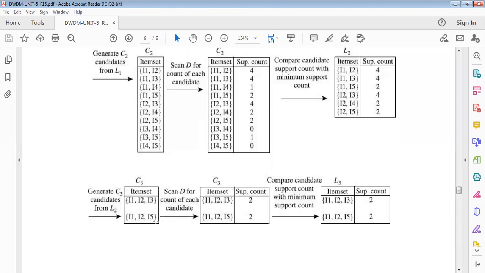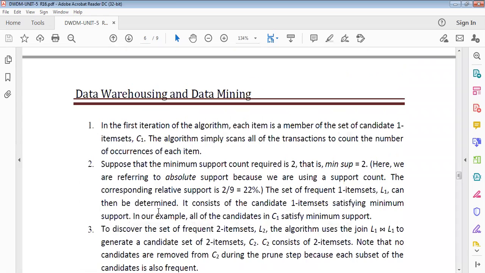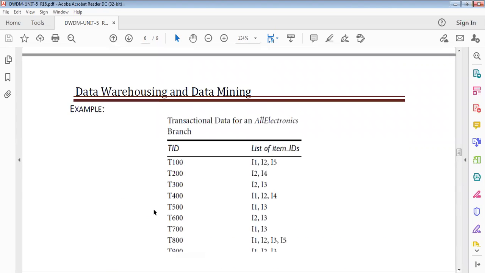Now you have to consider I1, I2, I3. So now you have to represent the item set as I1, I2, I3, and the next item set as I1, I2, I5. See here I1, I2, I3.